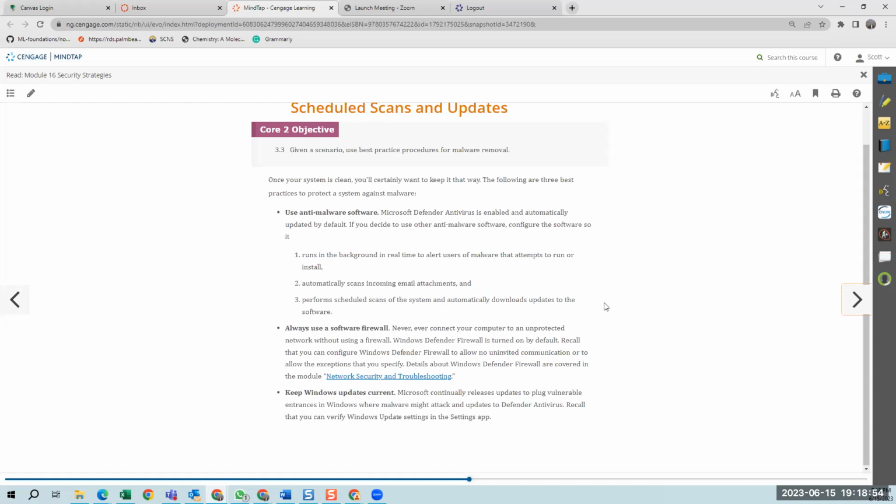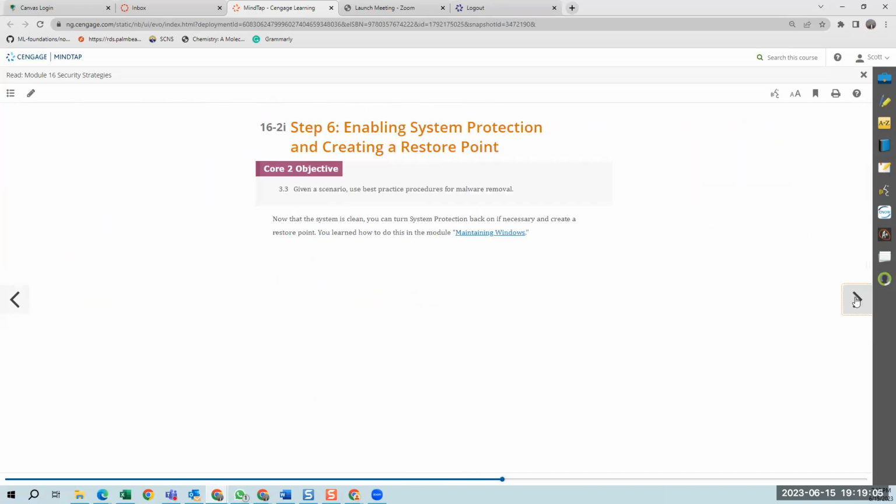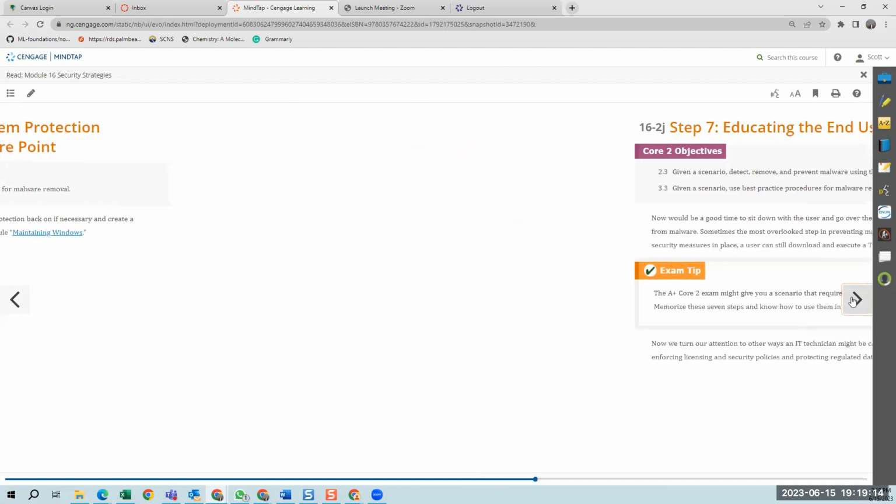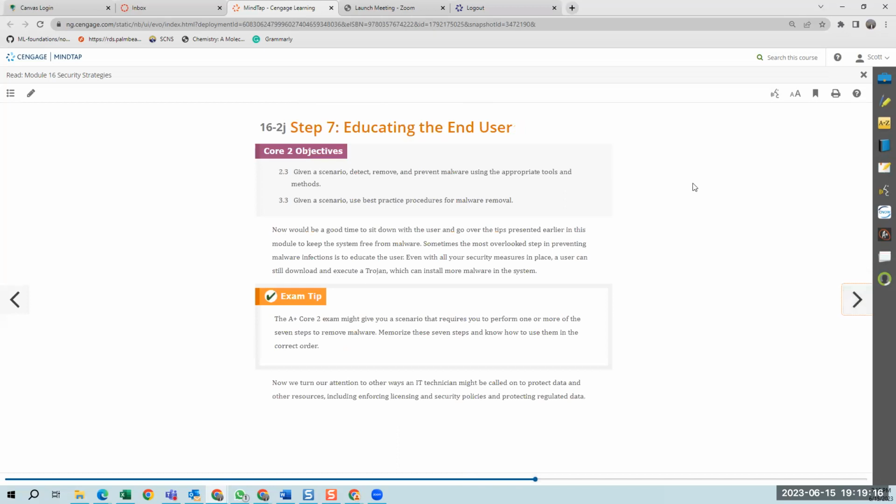So we've got our updates, software, both of those are done on a regular basis. You've got a firewall to keep anybody from getting in that way. Make sure that we've got a restore point, and not just a restore point, but a system image as well. And make sure that the people that interact with our system, they say the end user. No, it's not just the end user.